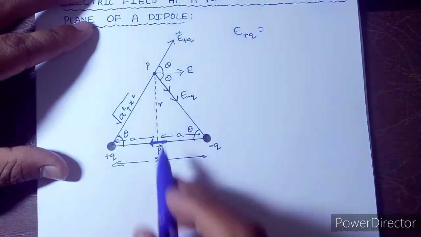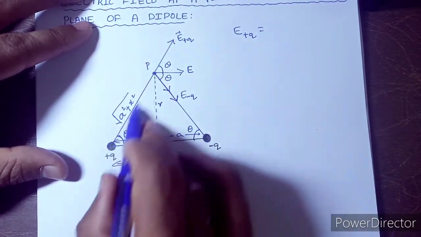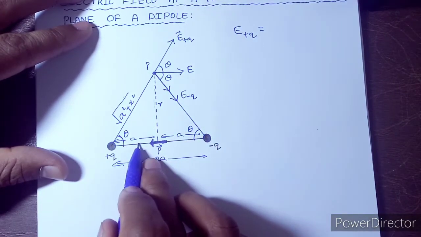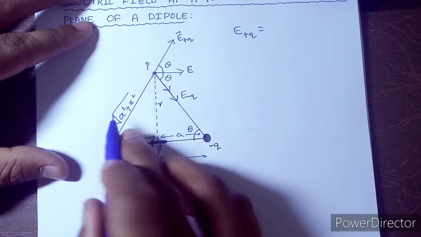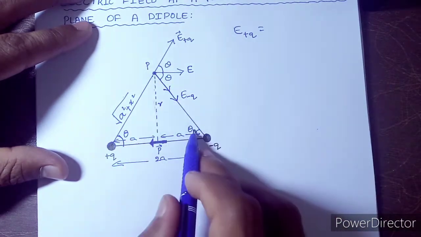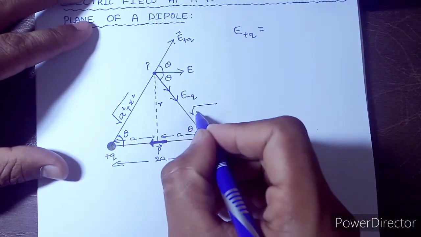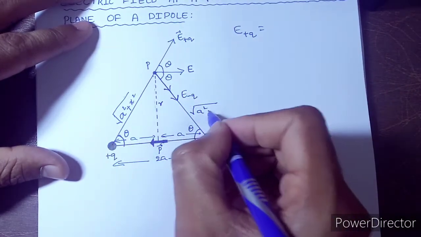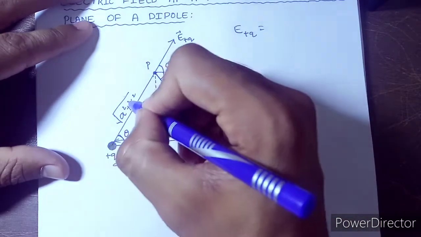If I consider this as a right angle triangle, this side is the base, square plus perpendicular square under the root, and this distance is also the same. This distance is a, this distance is r, sorry, this one is r.